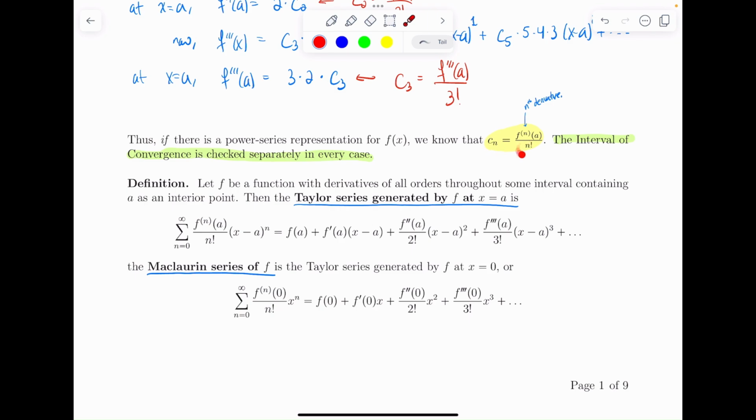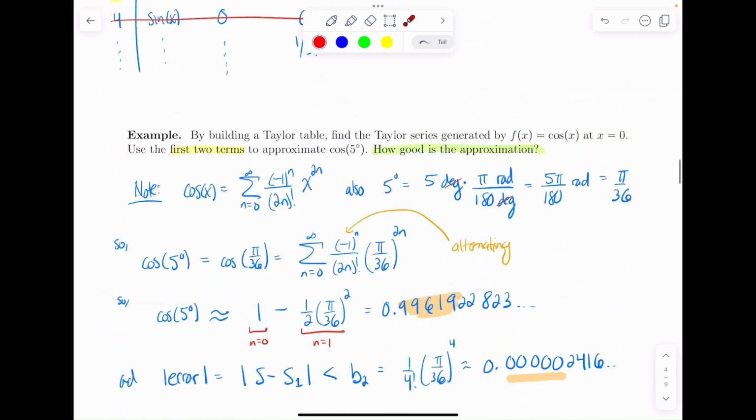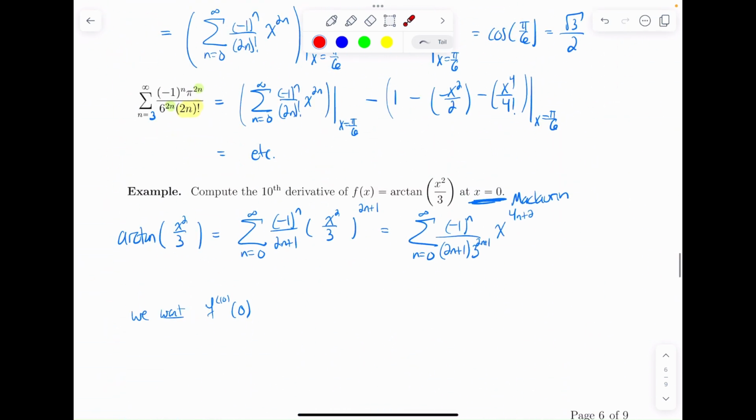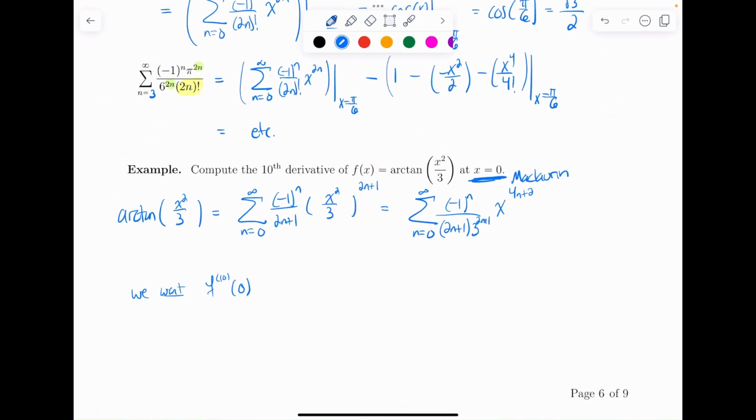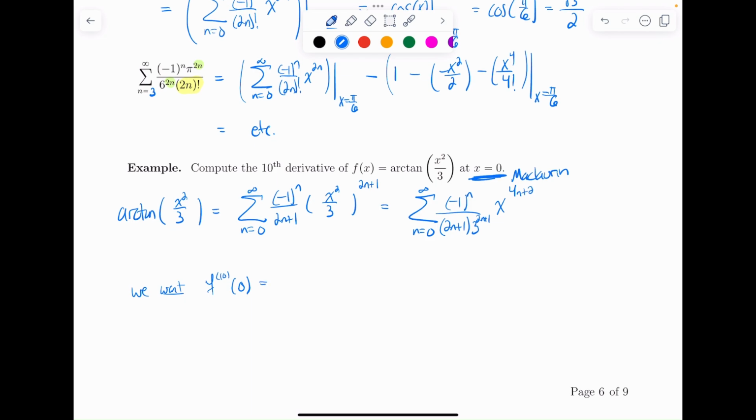So if we move n factorial to the other side of that equation, what we're working with is the fact that this is equal to c10 times 10 factorial, where very specifically, and I can't stress this enough, this is the Taylor coefficient.